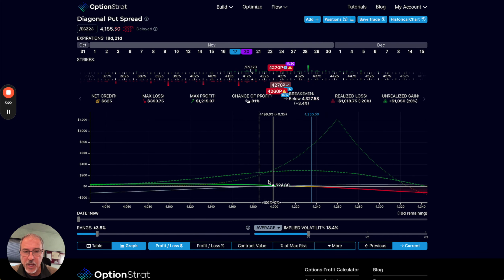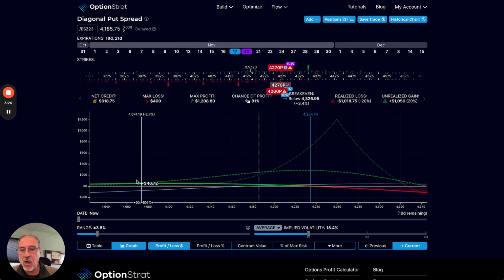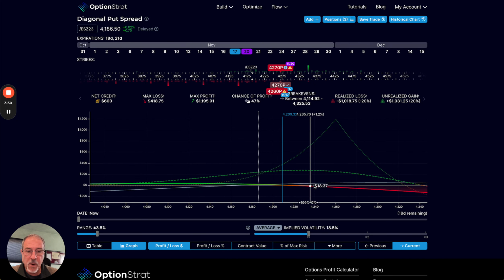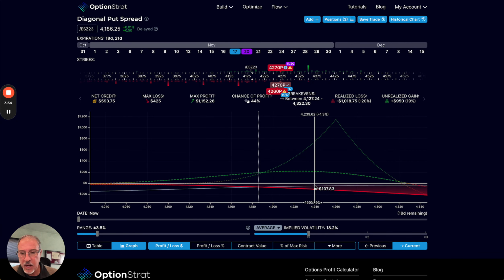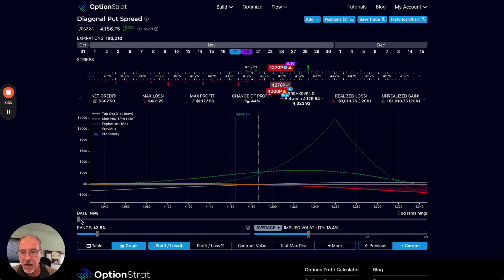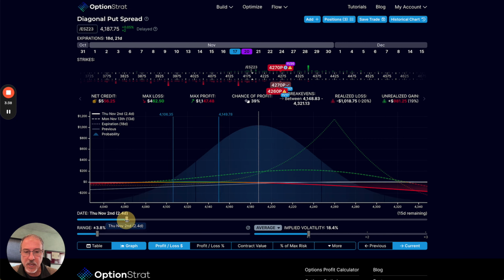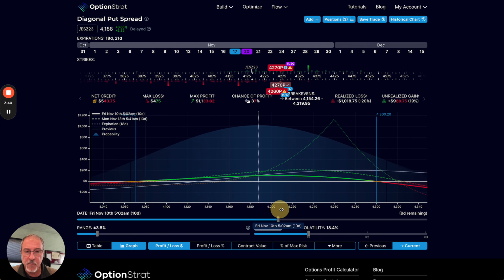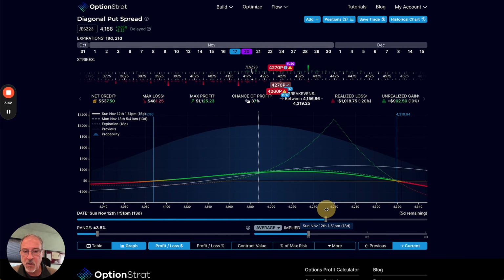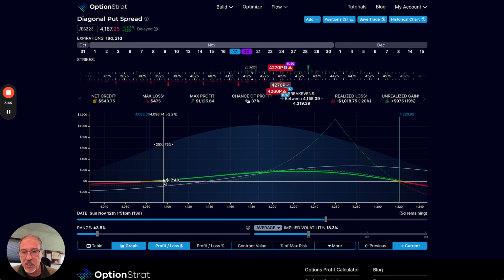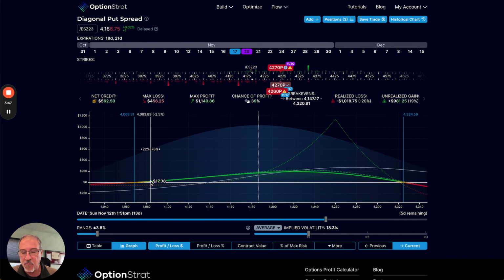That essentially puts this position to where it has no downside risk now. And if the market goes up to 4250, somewhere in here, there is a little bit of risk involved in that. But let's look and see what happens as this decays over time. As this decays over time, it basically gives us a much wider area of break-evens.